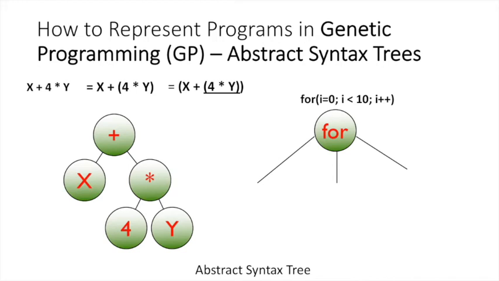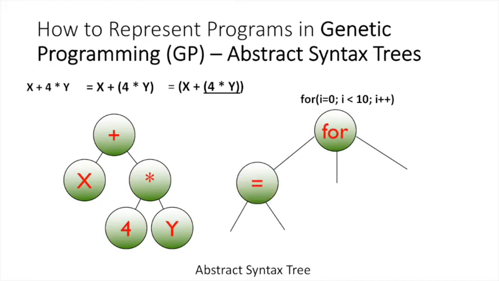Our least nested operator now is for. So for becomes the root node. Now for requires three arguments to work with: a variable initialization, a limiting condition, and an increment statement. Hence we extend three branches from the root node. For the leftmost branch, we produce a subtree.